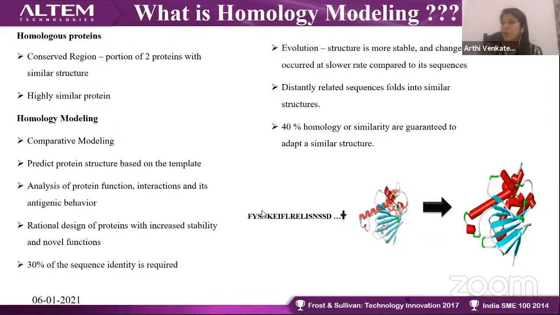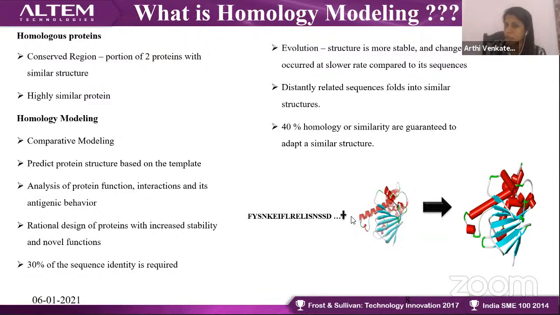So whatever I have mentioned, this is called the sequence. You will be having your protein sequence. You know very well about the cell and the central dogma of the cell. From the central dogma, DNA is converted into RNA and RNA is converted into protein. So through translation, we have got the protein sequences. Those protein sequences are what we have mentioned here. If you have this protein sequence, you have to find your template sequence.